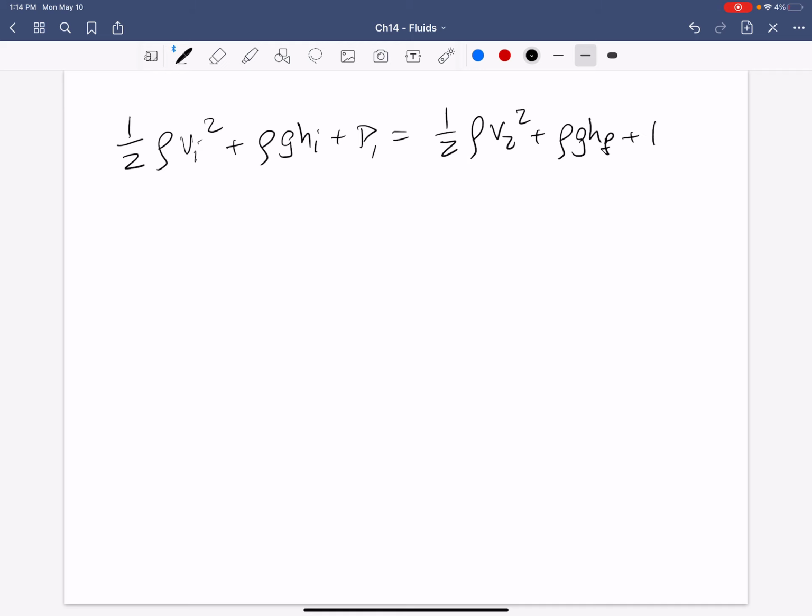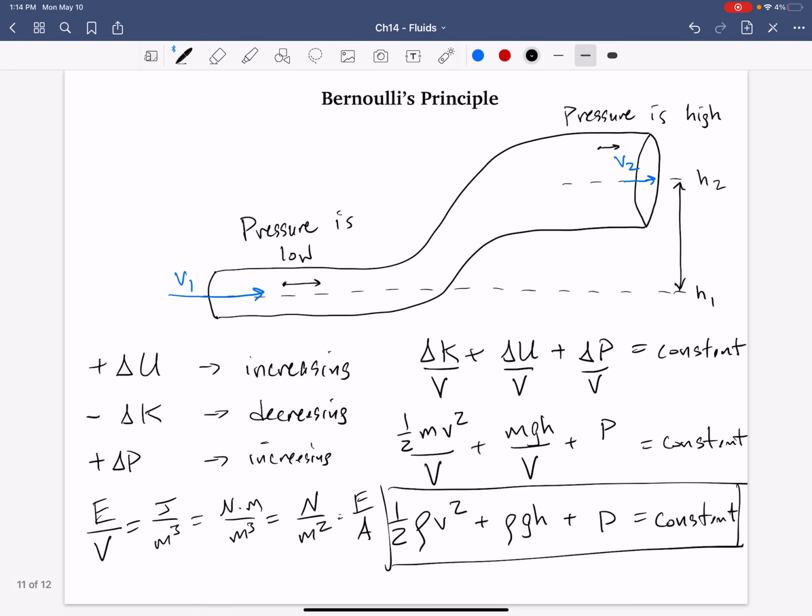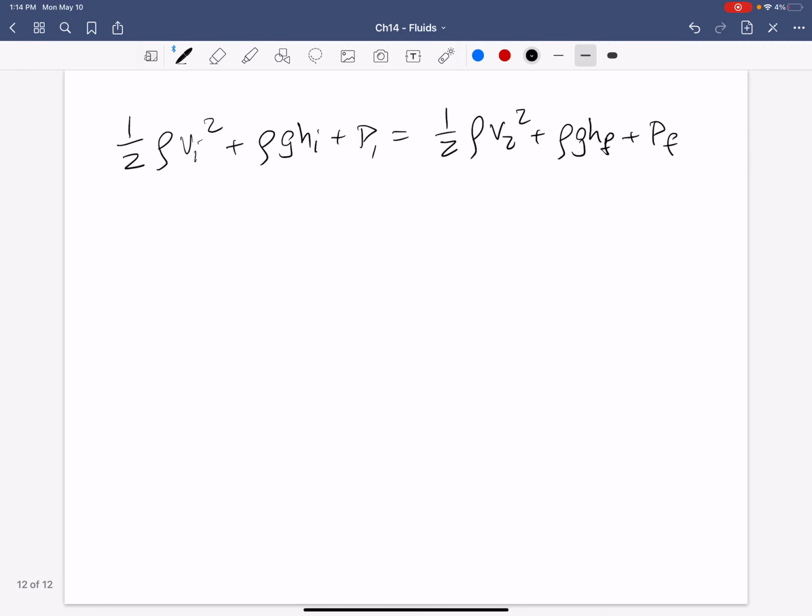Final plus pressure final. This is, in essence, what it means such that the changes are equal to a constant. Written out, the initial of each of those equals the final of each of these. That's what it means. So you'll see this applied to an example in the next video. All right, thanks for watching.